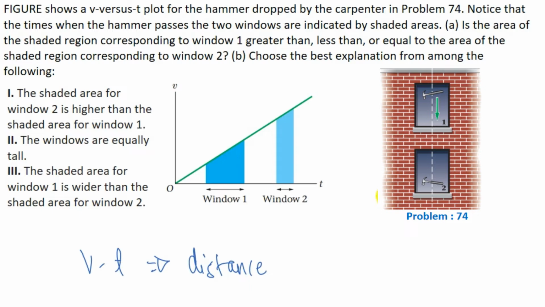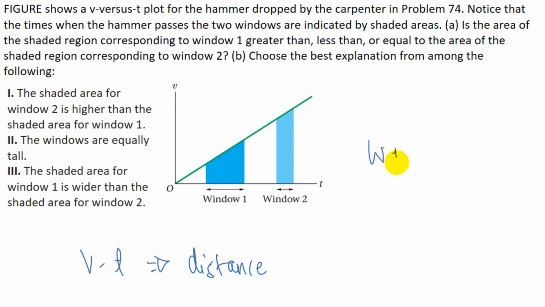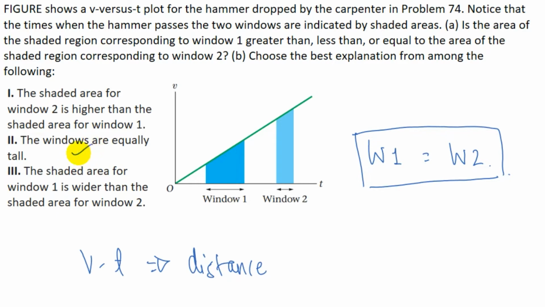Therefore we conclude that the area of the shaded region corresponding to window 1 is equal to the area of the shaded region corresponding to window 2. So the answer is that the shaded regions are equal. The best reason is the second option: the windows are equally tall, which is why the areas are equal. The other two statements are true, but they are not relevant to this question.